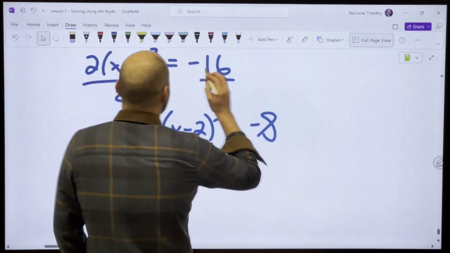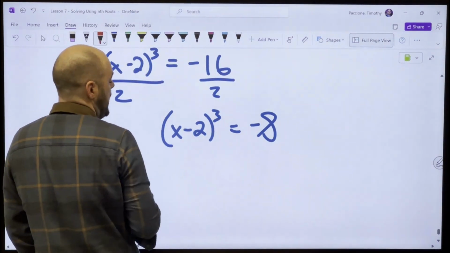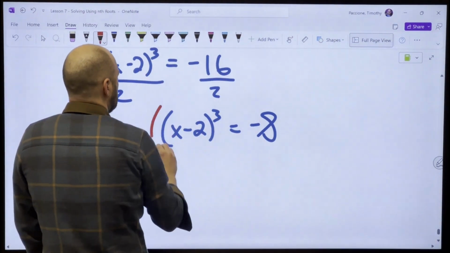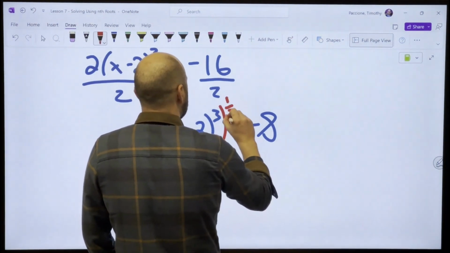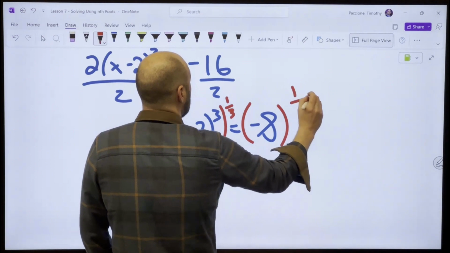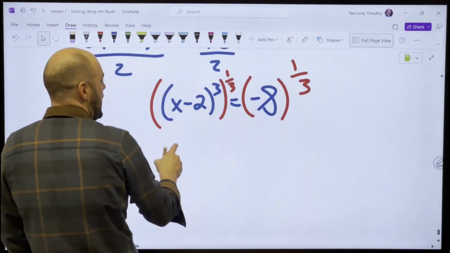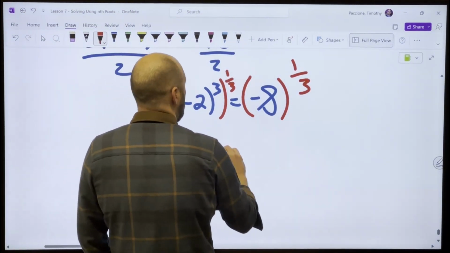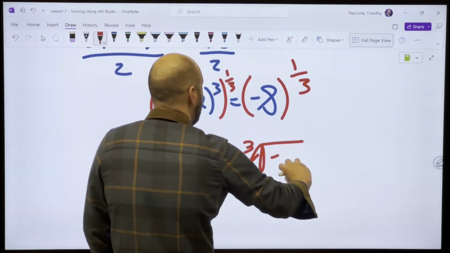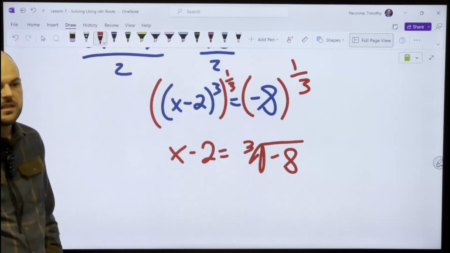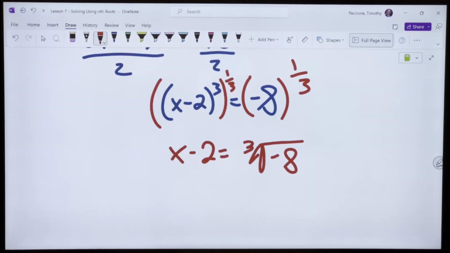Now what do I raise this to, opposite that? 1 over 3. Oh my God, I can't believe the teacher gave us 2 imaginary answers in a row. So now I'm going to get x minus 2 equals the 3rd root of negative 8. And I can't do that because we just said we can't take the radical of a negative. So it's a no solution.